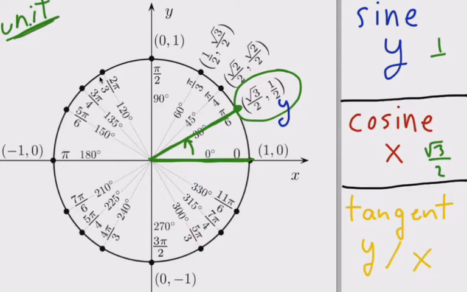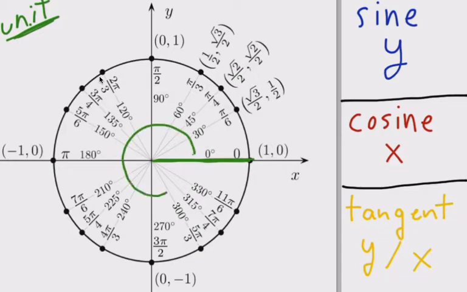Let's go through a few more examples to show you how this works. But the thing to keep in mind is that we're starting from that green segment and measuring counterclockwise if the angle is positive. So we measure out this way until we find the angle, and then we look at that spot on the unit circle.